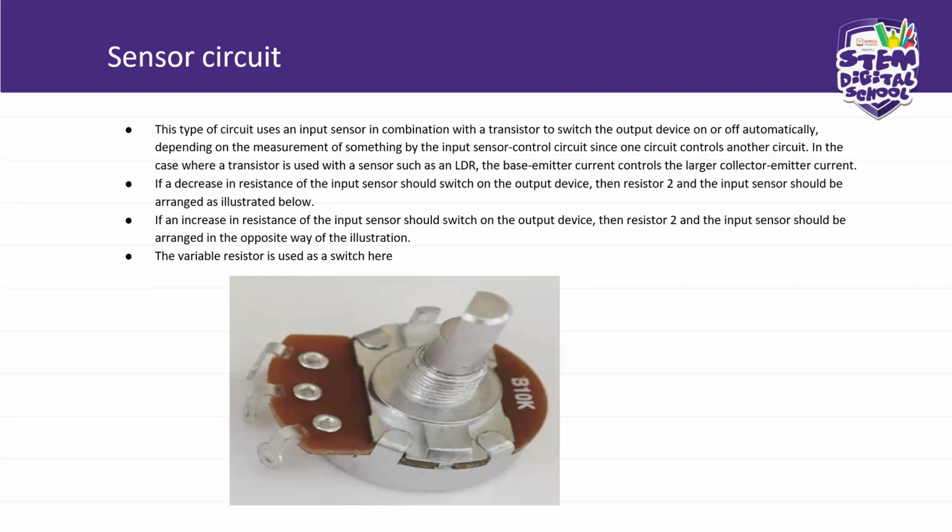The 3 sensors that you have learned so far are the light dependent resistor, the LDR. You saw a day or night switch circuit using the LDR. And then you also did the thermistor. That's the second sensor that you are doing, where you did the fire alarm circuit.